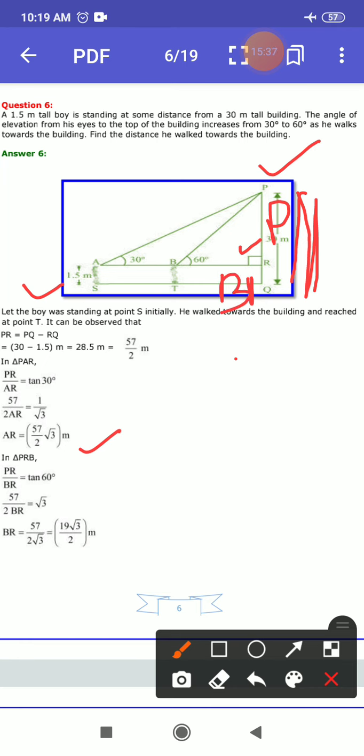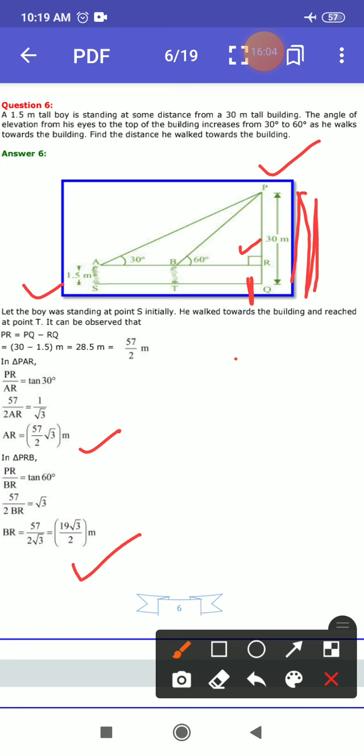So perpendicular upon base we have to use here, so tan 60 is equal to PR upon BR, and then after PR value is 57 upon 2 and BR you have to write just like that, and tan 60 is equal to under root 3. Then after you have to do the cross multiplication and find the value of BR.